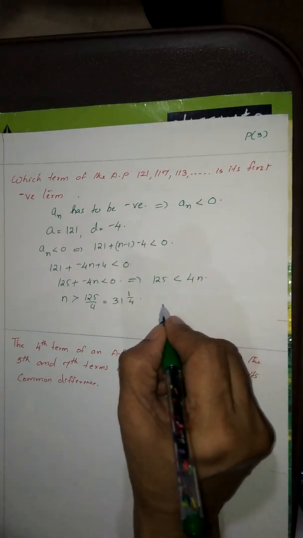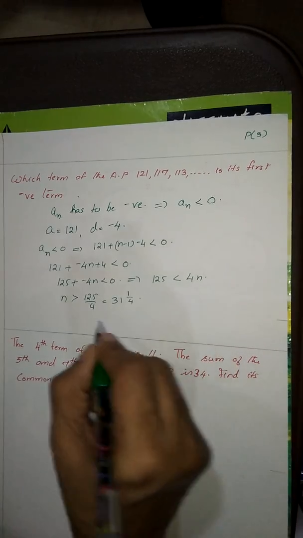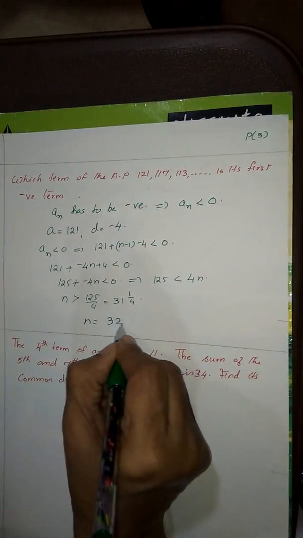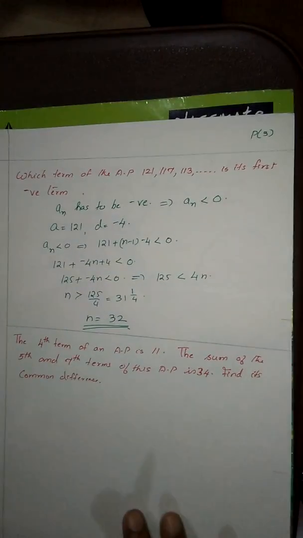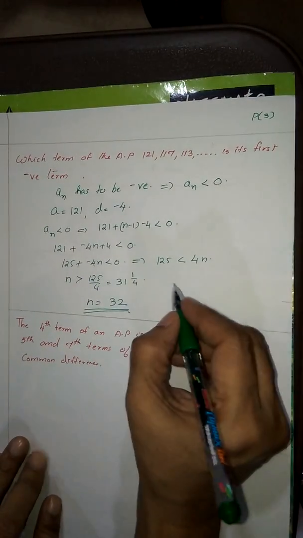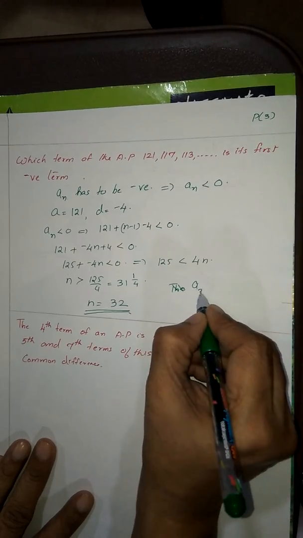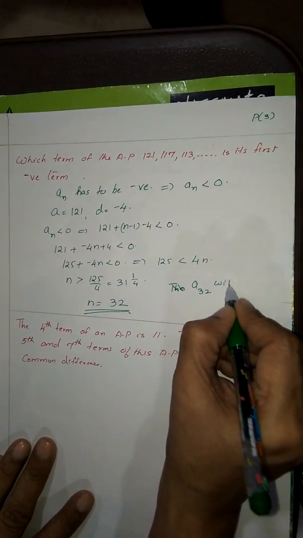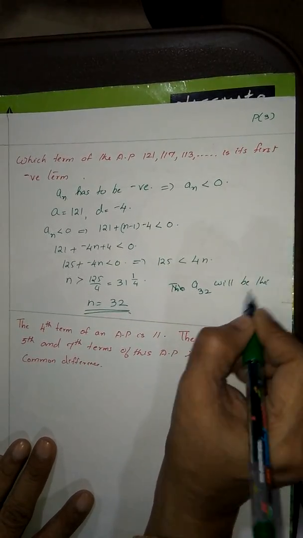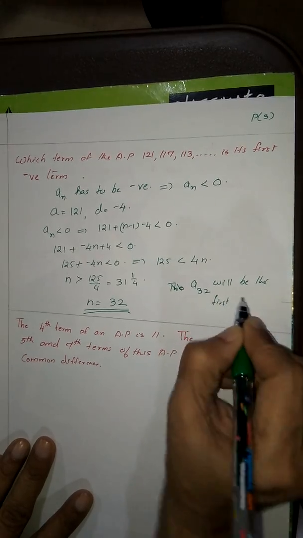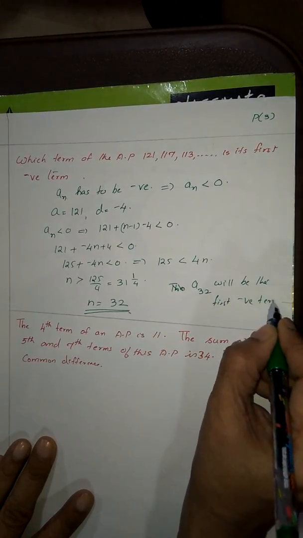That means n is equal to 32. So the first negative term will be A32.